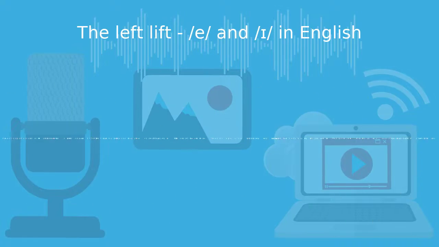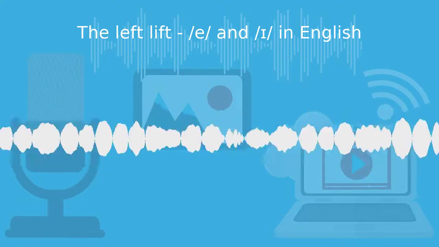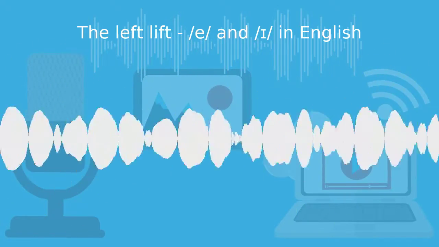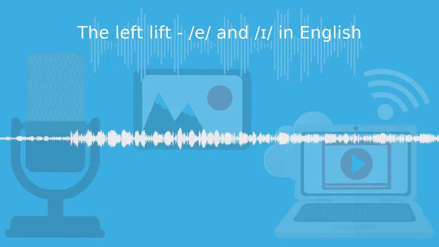Den. So you should have said den, din. Or if you did it the other way around and said din, den, that is of course fine too. Let's try the rest. Desk.